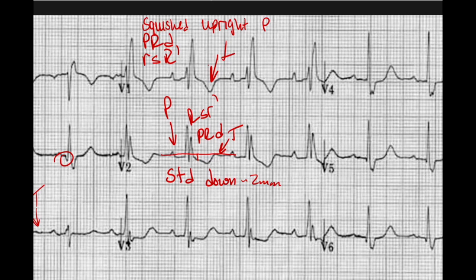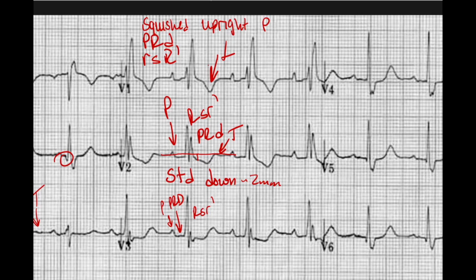Then we have to look at V3 to see if there's also ST depression. When we look at the P wave in V3, it's upright, and we do seem to have some PR depression. We have an RSR prime complex.